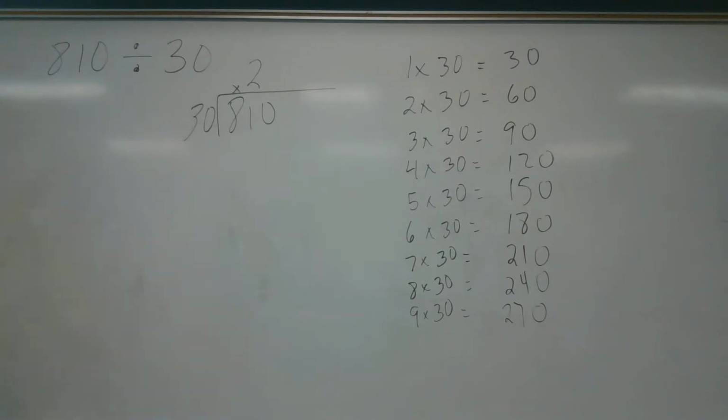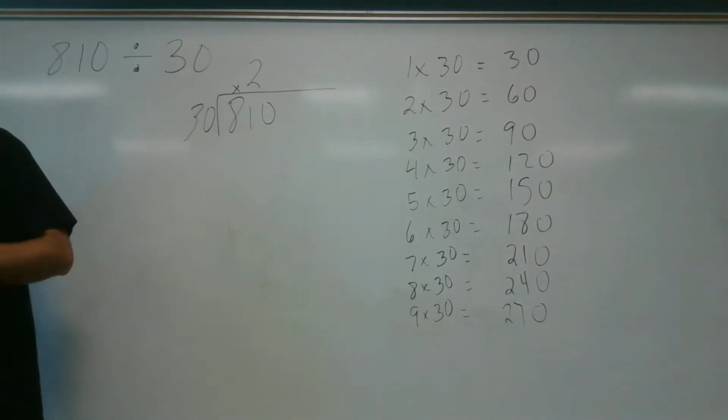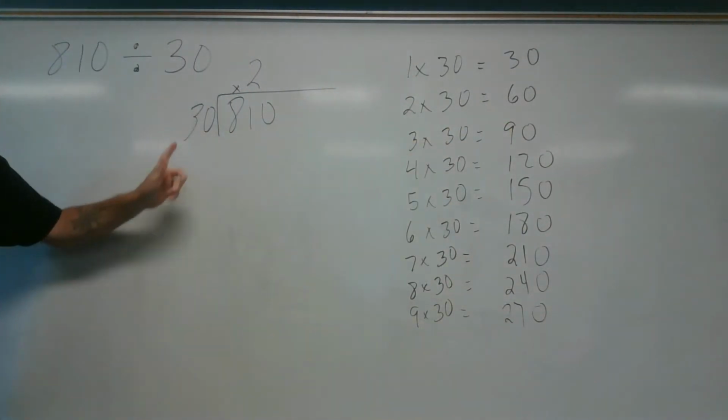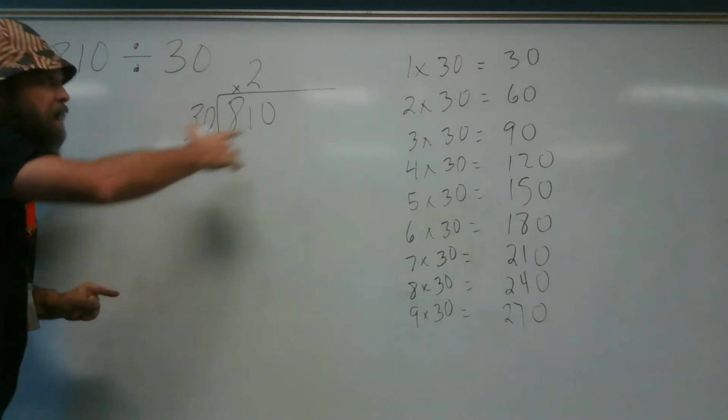Since I put 2 there, I know 2 times 30 is 60. I'm going into 81. That's why my 2 should be directly above the 1, because I'm going into 81.